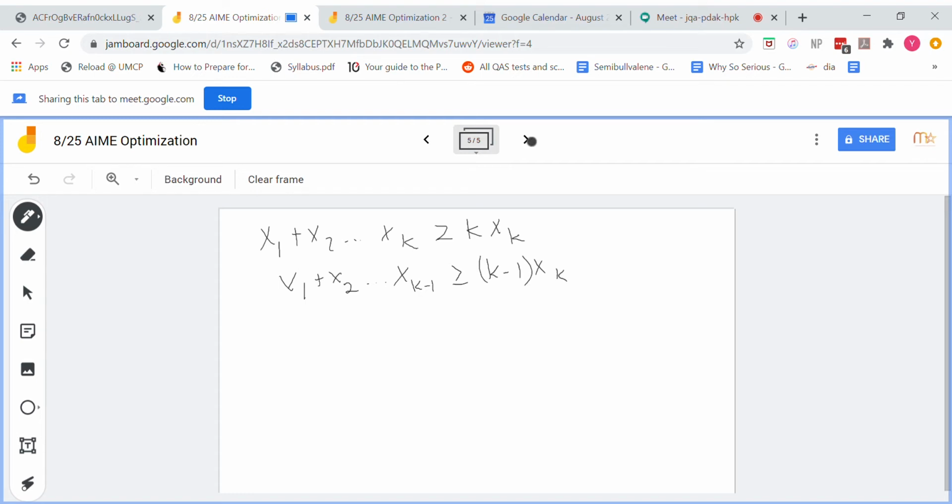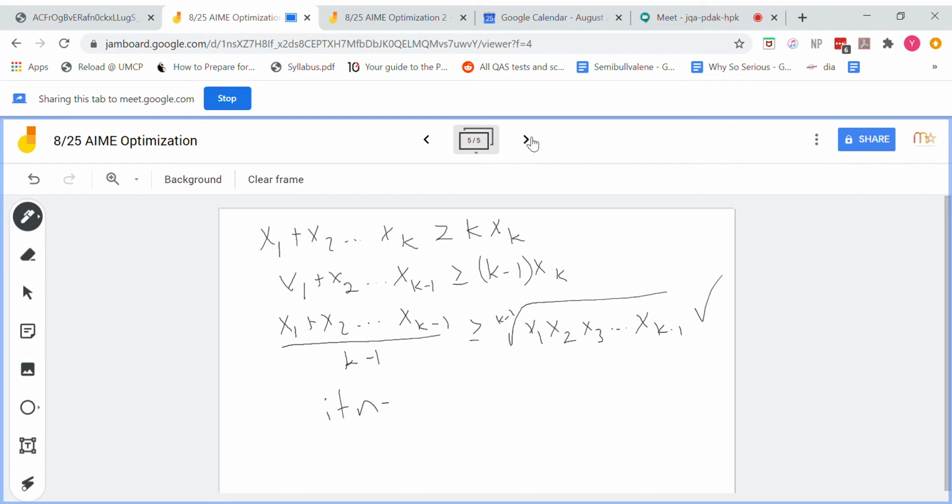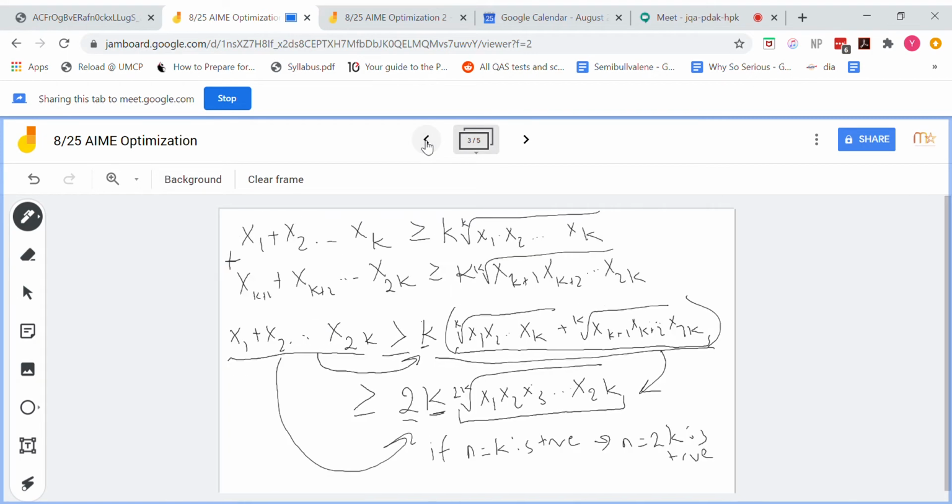We substitute in the value for xk, and so we get x1 plus x2 all the way to xk minus 1, over k minus 1, is at least the k minus 1th root of x1, x2, x3, all the way to x sub k minus 1. And so if the AM-GM inequality holds for n equals k, then it also holds for n equals k minus 1. Now we've filled in all the holes in our proof.